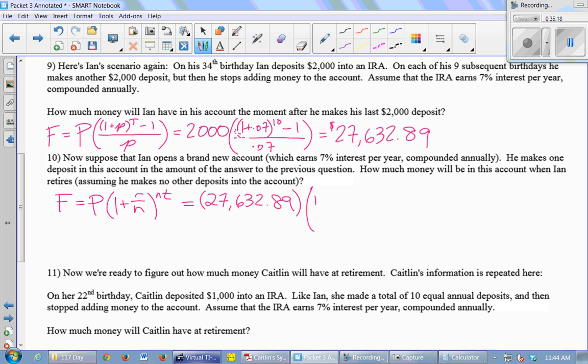Okay. 1 plus, my interest rate is 0.07. I'm compounding annually, so I just divide by 1. And then I raise that to the N times T. N is 1, and T is years. So how many years is this going to grow for?